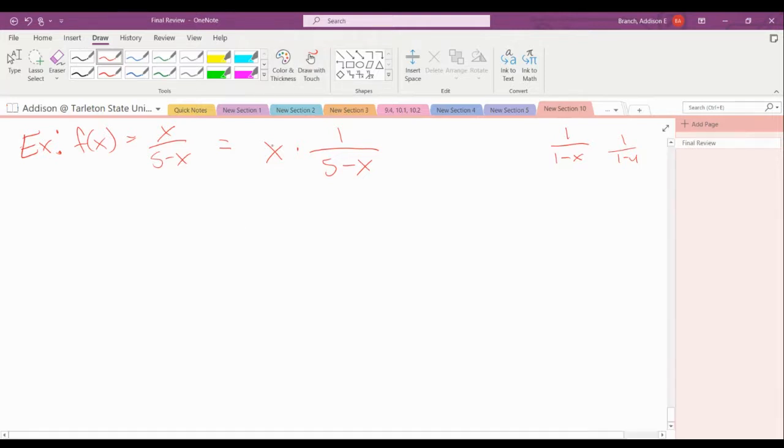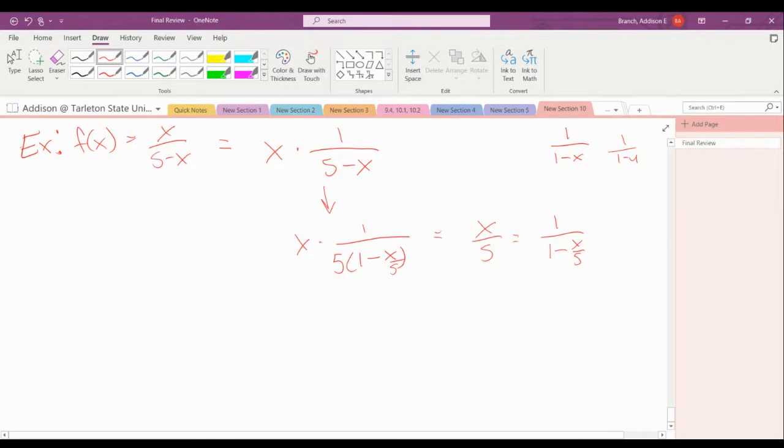So we can factor a 5 out of our denominator and get x times 1 over 5 times (1 minus x over 5). Or if we want to clean that up, we can get x over 5 times 1 over 1 minus x over 5.